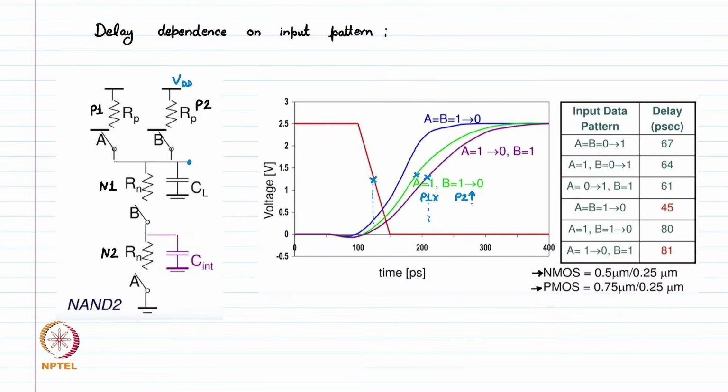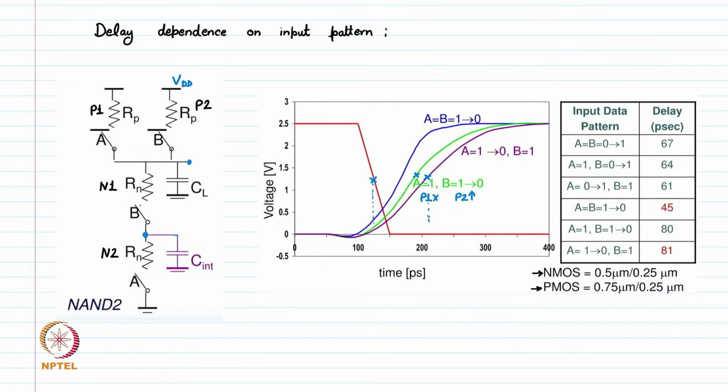If we consider the other case, where A is transitioning from 1 to 0 and B is 1, one more thing to note here is this intermediate node, C int.